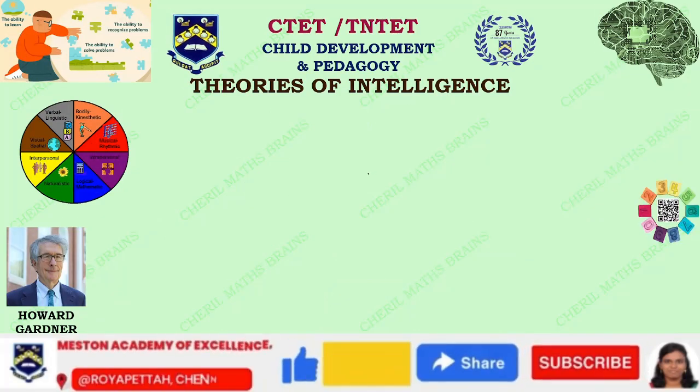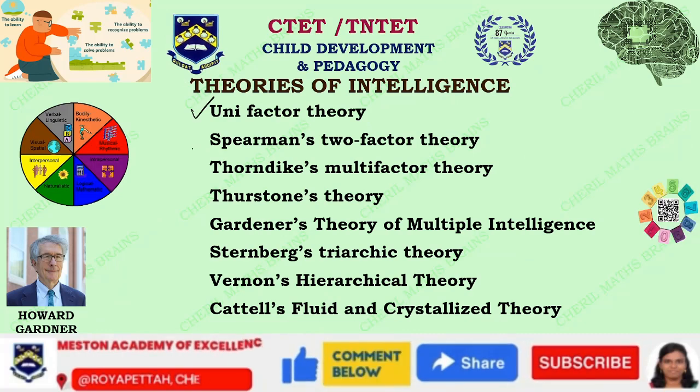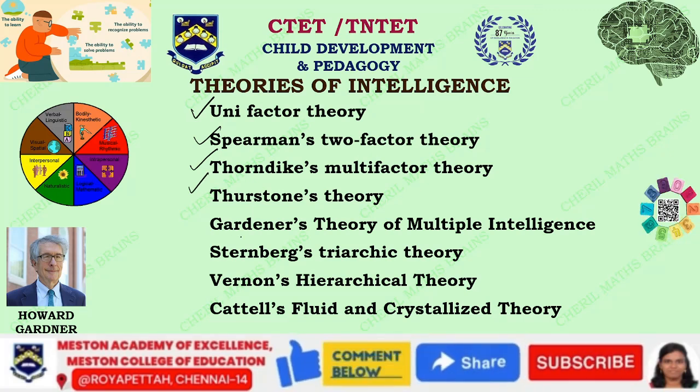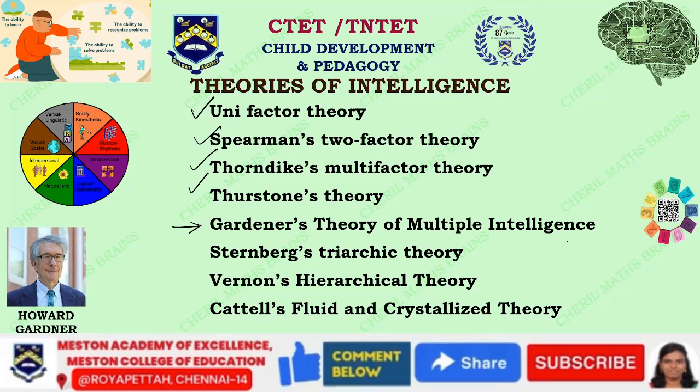So what are the theories we saw till now? We've seen the unifactor theory, Spearman's two factor theory, Thorndike's multi-factor theory, and Thurstone's group factor theory. All these we saw, and today we are going to see about Gardner's theory of multiple intelligence in this video.